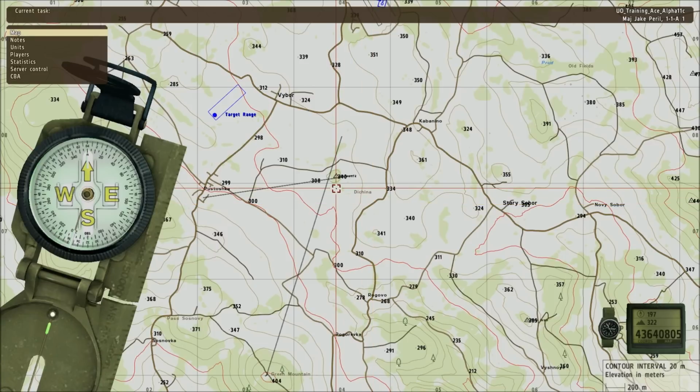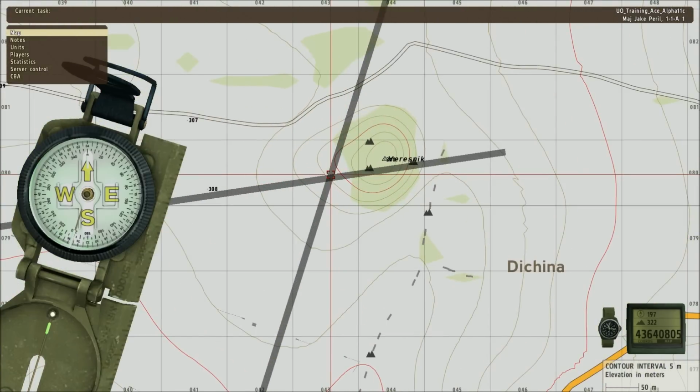By applying the same principle that I used on the church, I could draw a second line on the map, which intersects my first line at 043080. That is my current location.